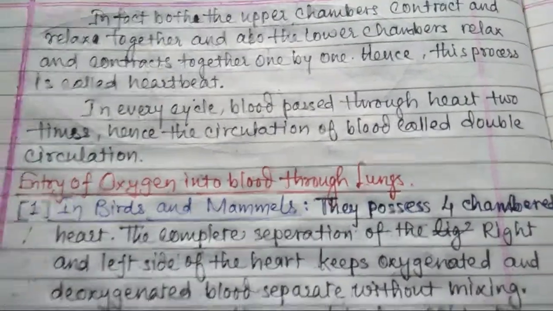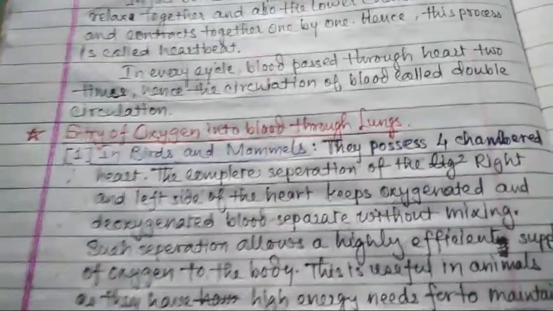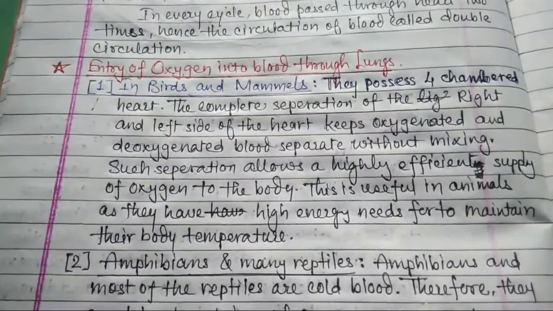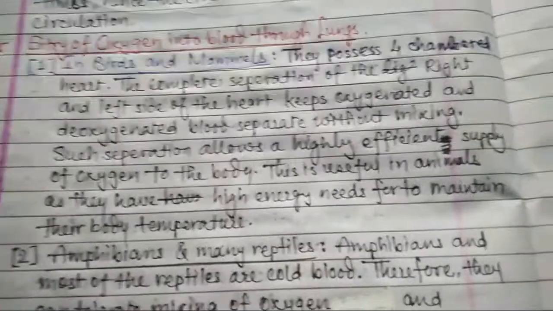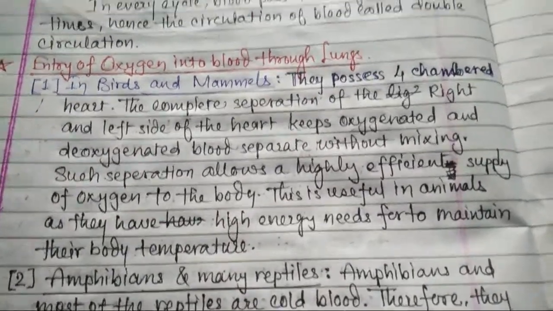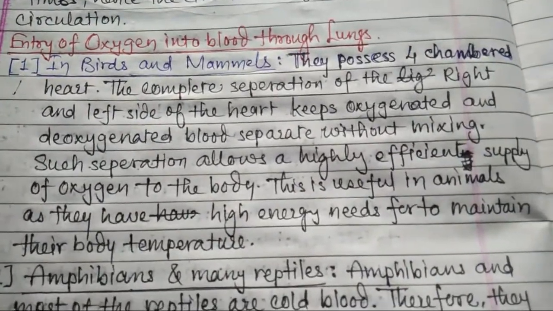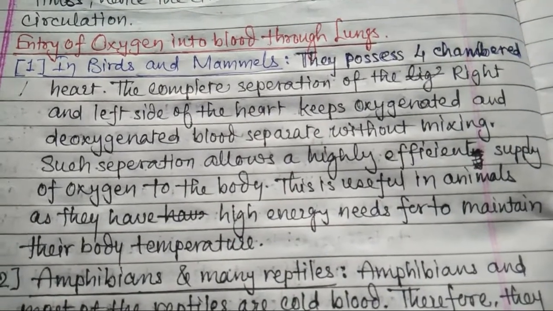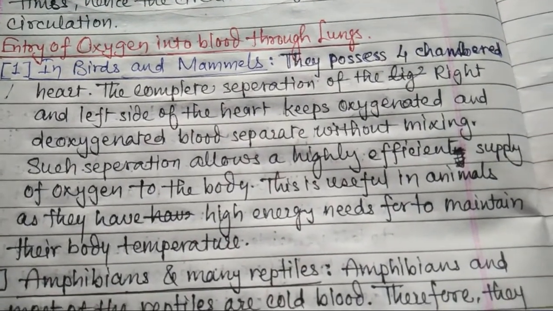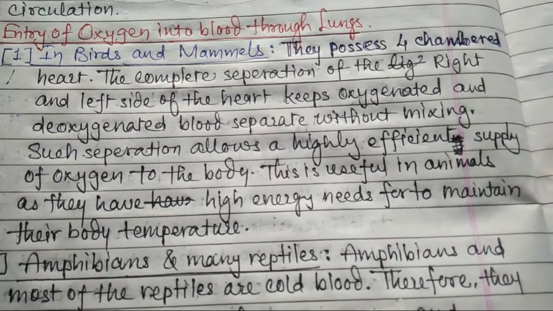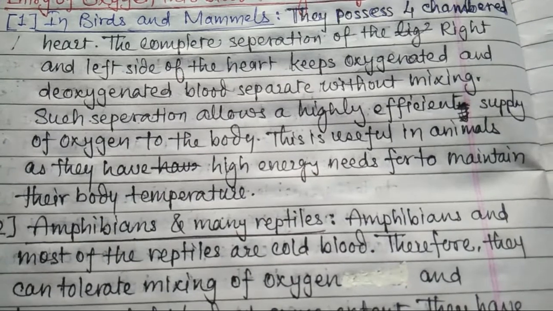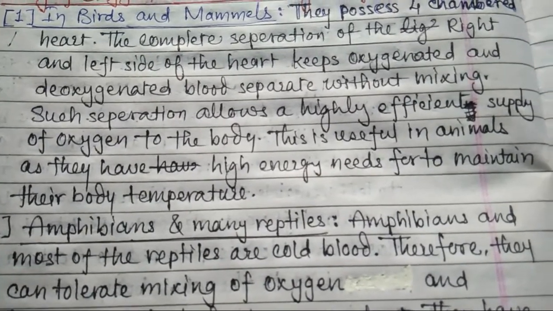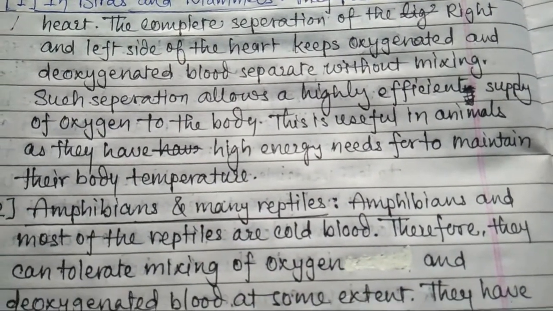Entry of oxygen into blood through lungs: birds and mammals possess a four-chamber heart. The complete separation of the right and left sides of the heart keeps oxygenated and deoxygenated blood separate without mixing. Such separation allows a highly efficient supply of oxygen to the body.